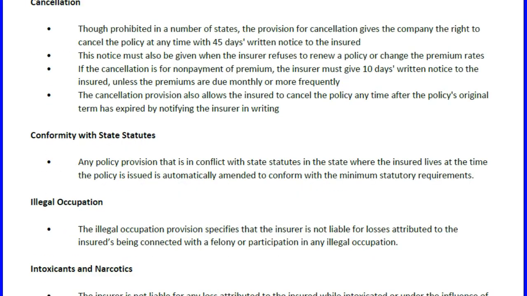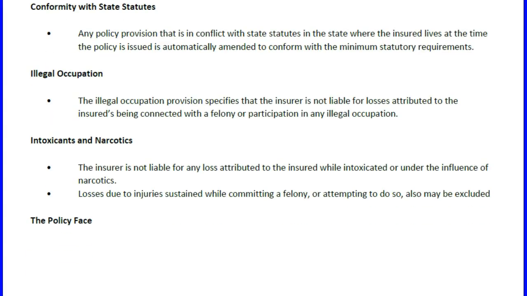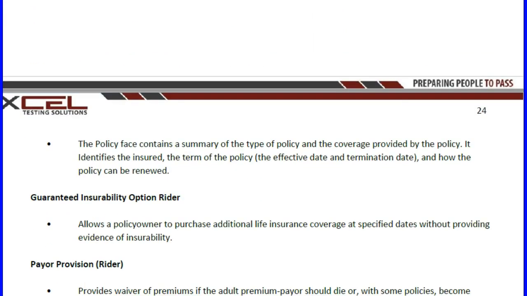Conformity to state statutes. Any policy provision that is in conflict with state statutes in the state where the insured lives is automatically amended to conform with minimum statutory requirements. Intoxicants and narcotics will not be paid.